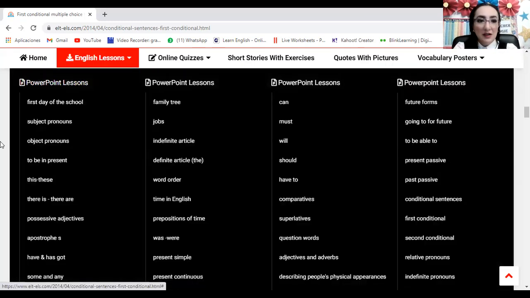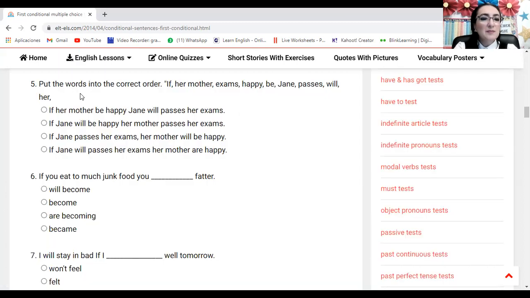Number 5. You need to put the words into the correct order. If her mother exams happy be, Jane passes will her. My goodness, what is this?